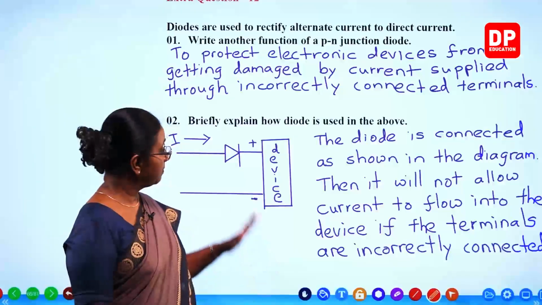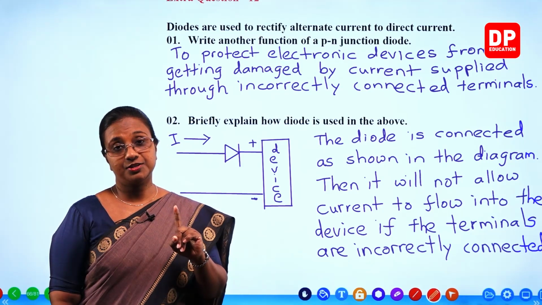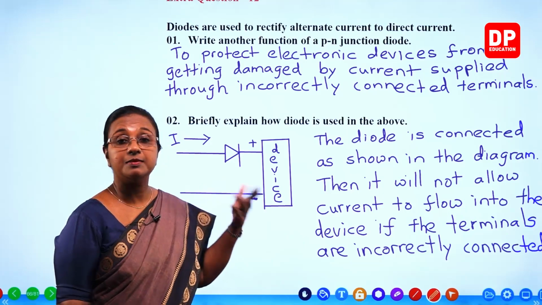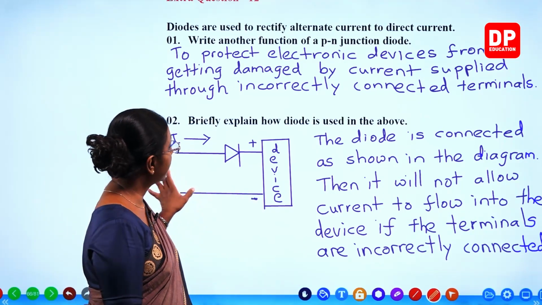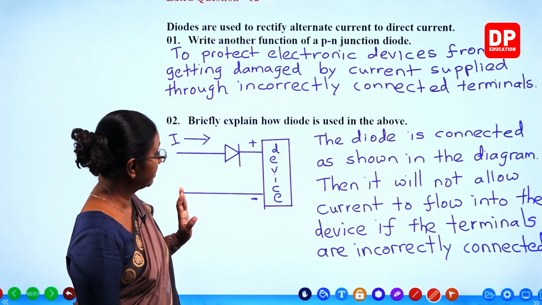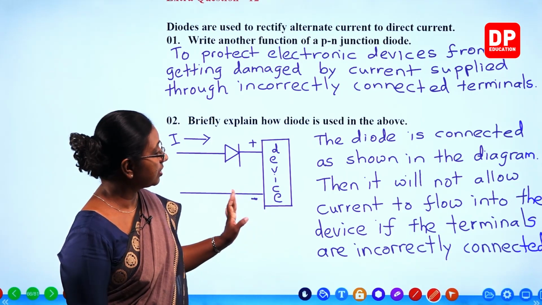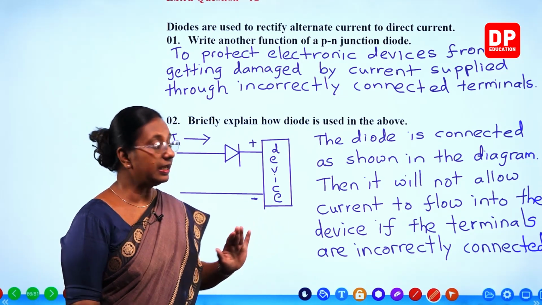So because diode allows current to flow only in one direction, it will not allow the current to flow into the device if the terminals are connected incorrectly. So that is how we protect the devices. So the diode is connected as shown in the diagram, then it will not allow current to flow into the device if the terminals are incorrectly connected.